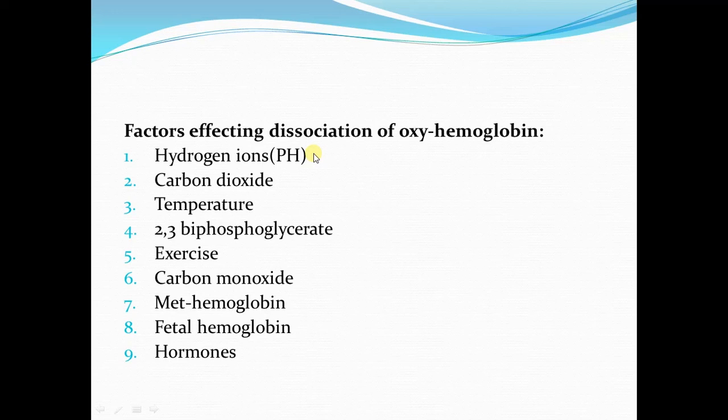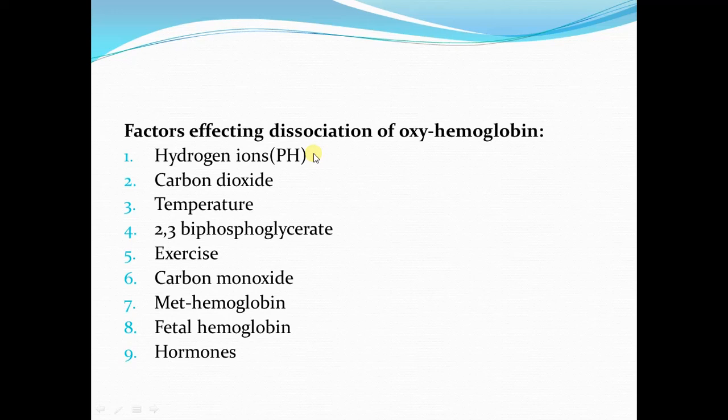Different factors that affect the dissociation of oxygen and hemoglobin shift the oxy-hemoglobin dissociation curve either to the right or to the left. Rightward shift means there is more dissociation of oxygen from the hemoglobin and more oxygen is delivered to the tissues.